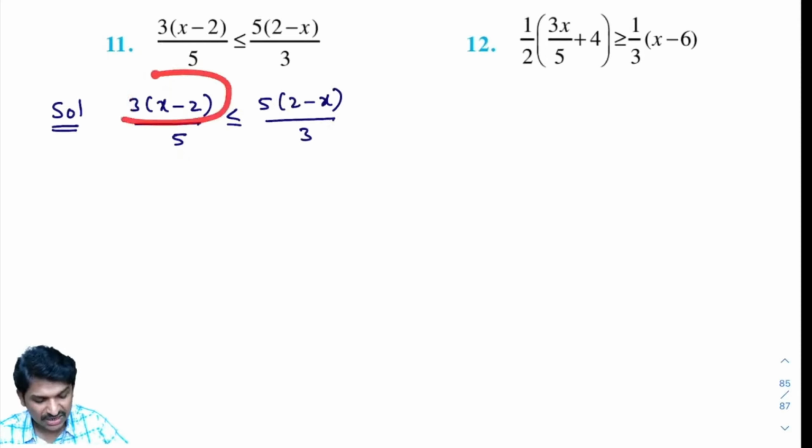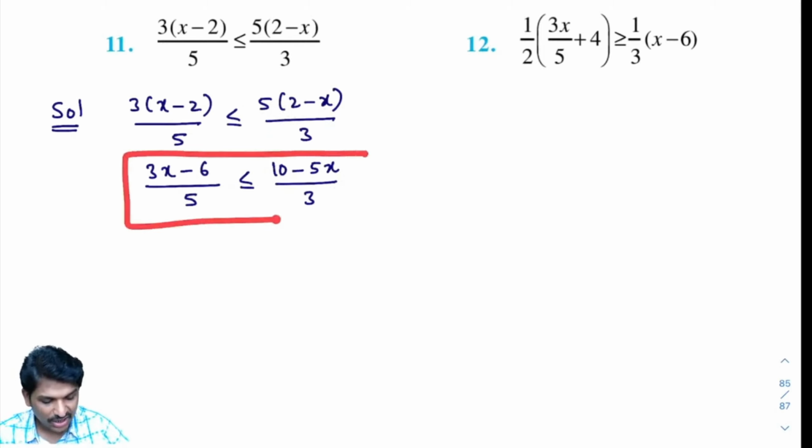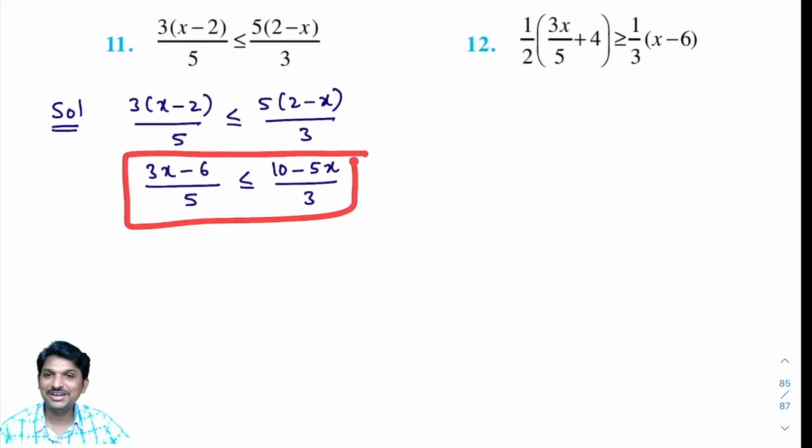Simplification means the numerator: multiply 3 into x minus 2. What is 3 into x minus 2? That is 3x minus 6 divided by 5 is less than or equal to, here multiply 5 into 2, 10 minus 5x divided by 3. Actually, in inequalities, we cannot cross multiply. But when you are clear with the properties, you can cross multiply.